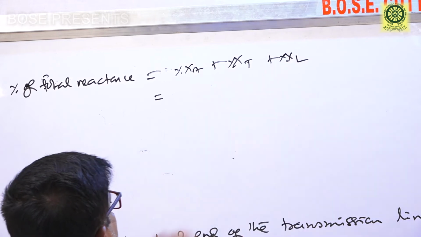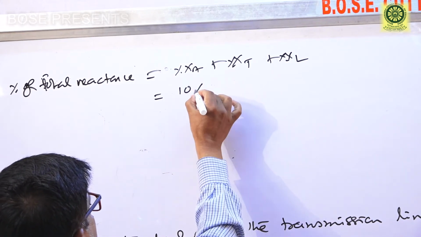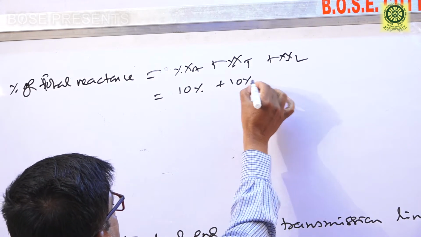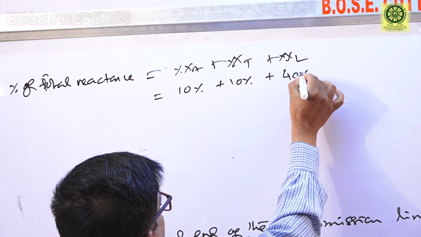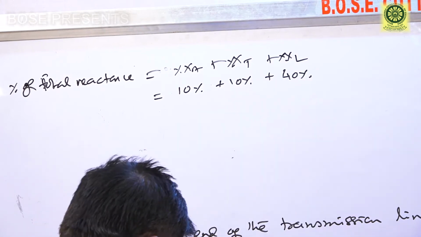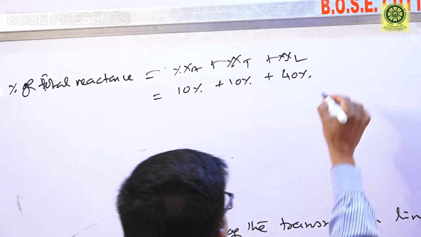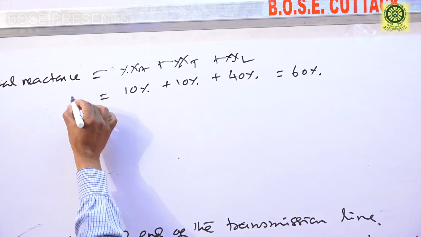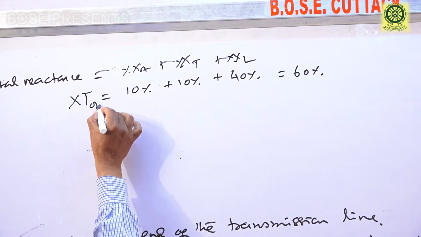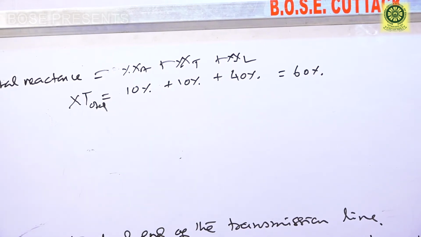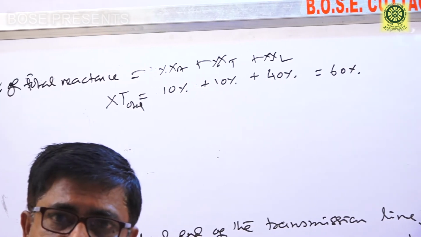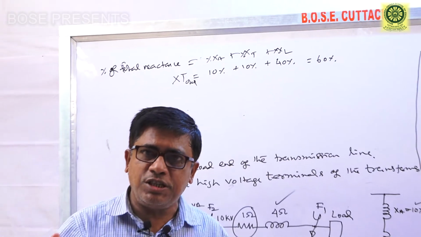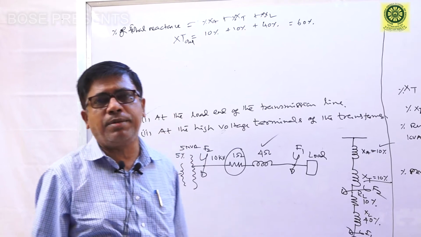All in percentage. What is the value? 10% plus 10% plus 40%. What is the total value? 60%. So total reactance of this system is 60% at base kVA.